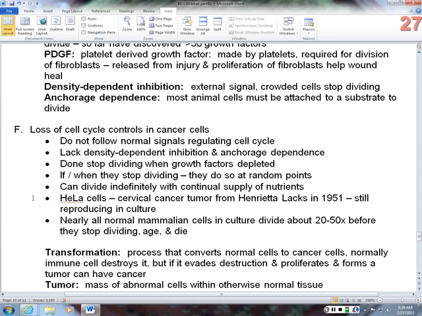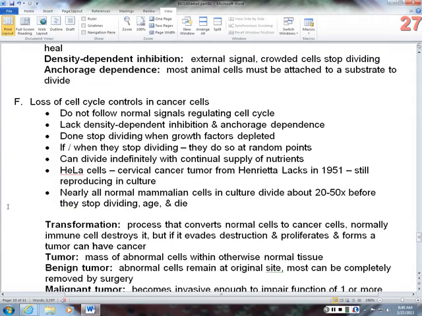So you have a loss of cell cycle controls in your cancer cells, and the amount of knowledge in this area has increased in the last 10 years largely due to cancer research. Cancer cells do not follow the normal signals regulating the cell cycle. They no longer follow the rules. They're doing things their own way. They lack density-dependent inhibition, so when the area is full, they don't care, they just keep on dividing.